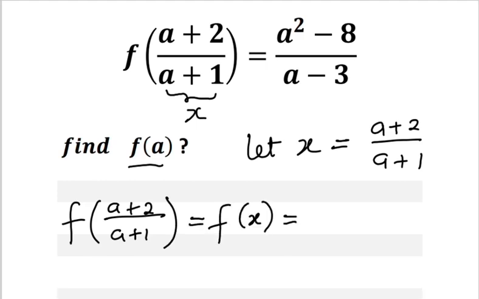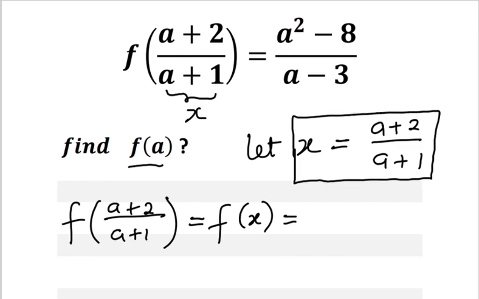To find this, we are going to make a the subject of the formula here, and find our a in terms of x. Then whatever we have here as our a, we're going to substitute into the right hand side, and it will be all in x terms.